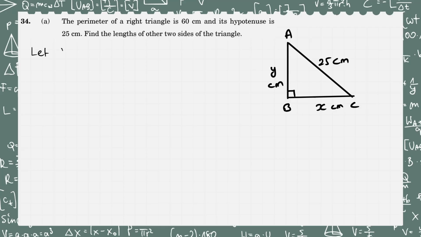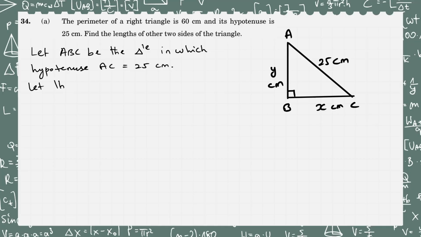Let ABC be the triangle in which hypotenuse AC equal to 25 centimeters.